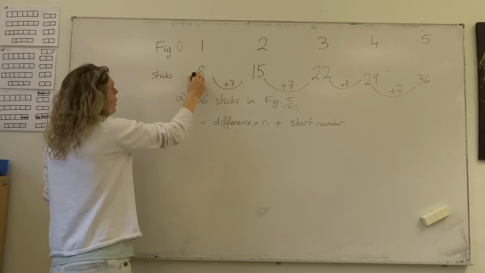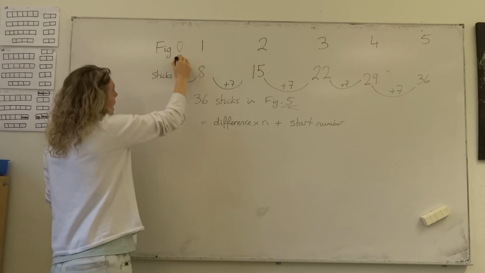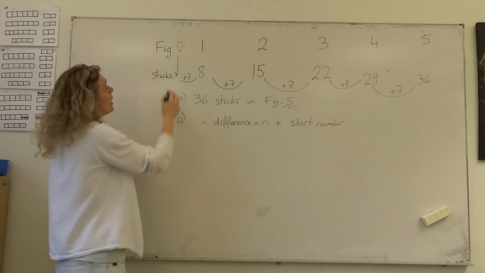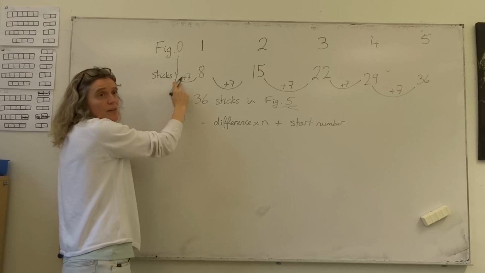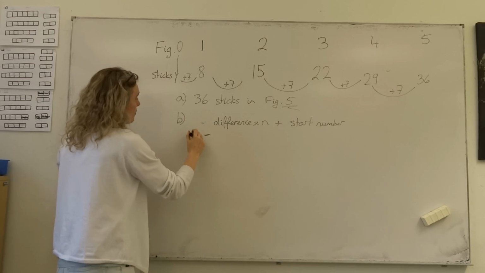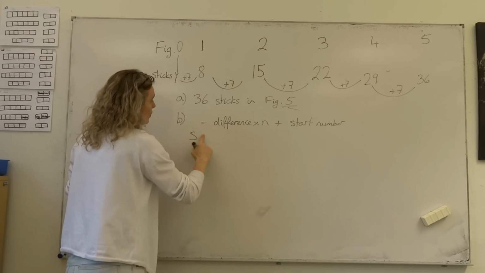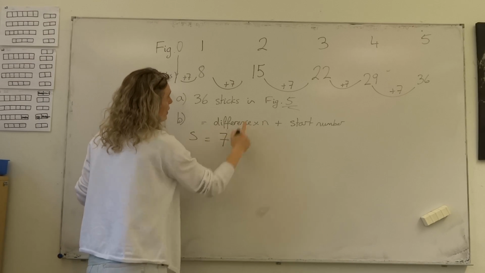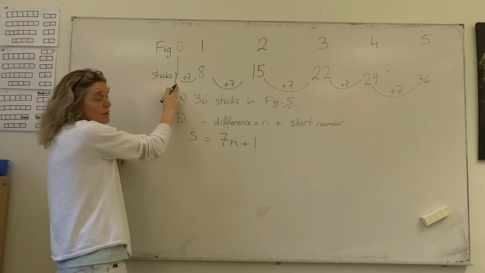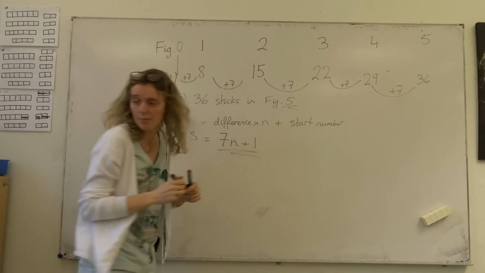So how many sticks would there be if we'd have to add 7 to them to get 8? There'd be 1 stick in the start and then we would add 7 to get 8. So this is our start number. So our formula for number of sticks, S, would equal 7, our difference, times n, plus 1, our start number. So the formula here is 7n plus 1.